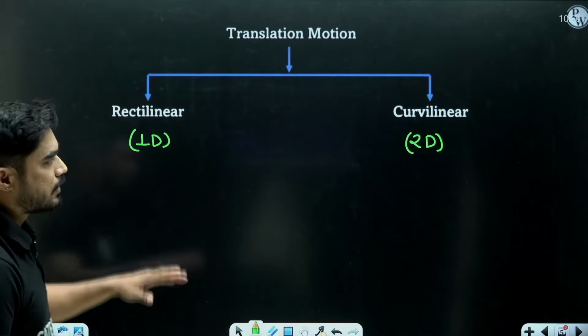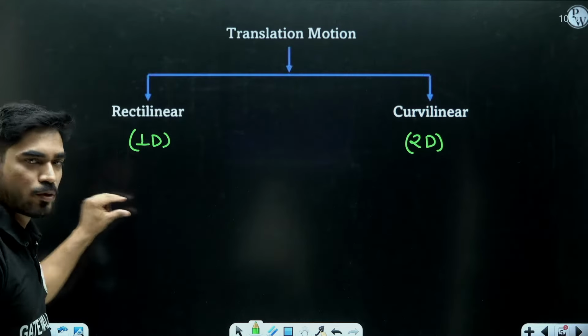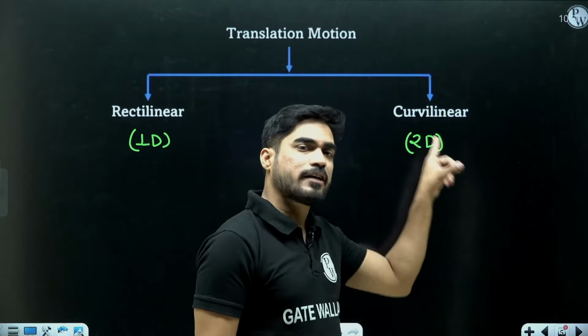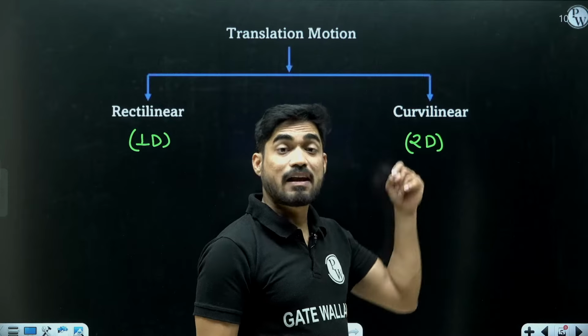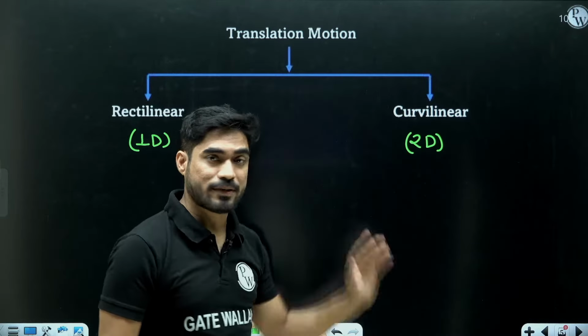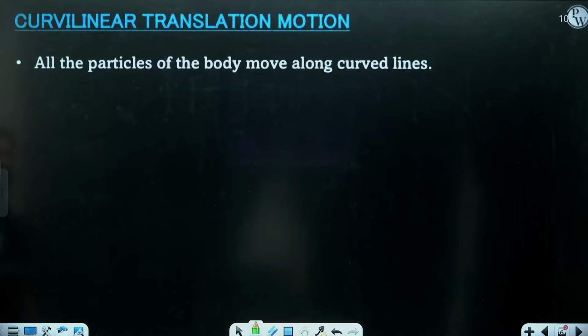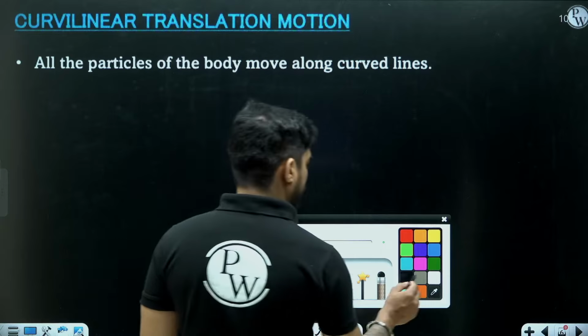Here the velocity, the acceleration, the displacement has only one component, either x or y component. But here displacement, velocity, accelerations will have x as well as y component. So this is a two-dimensional motion. In case of curvilinear translational motion, all particles of the body move along curved lines.